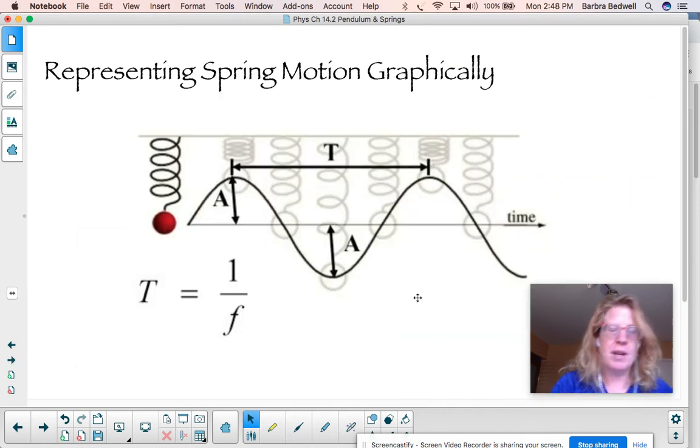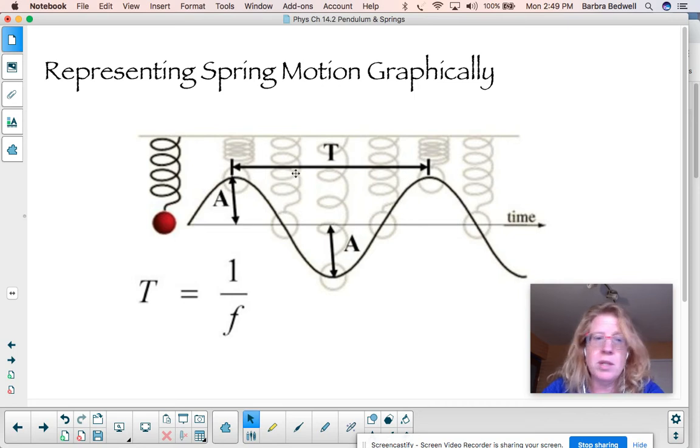All right, so for this one, talking about springs now and how things bounce around on springs. Once again, we're going to take a look at that sine wave form as a key part of representing graphically how these things work. Again, we've got our equation over here: period is still equal to 1 over frequency. Those are the same thing. It's a little easier to see on this graph that period is the time it takes to go from crest through trough, all the way through crest again.